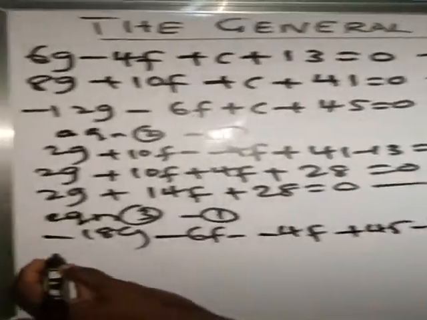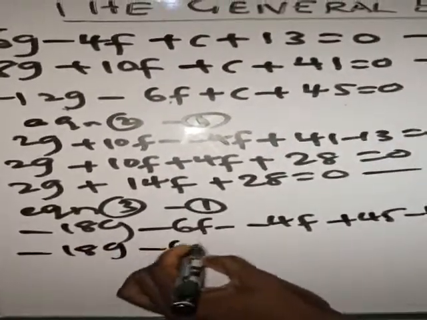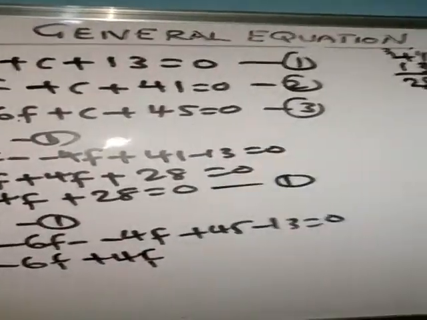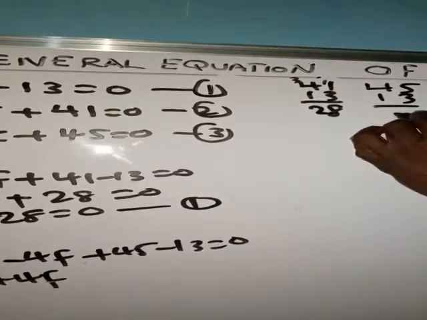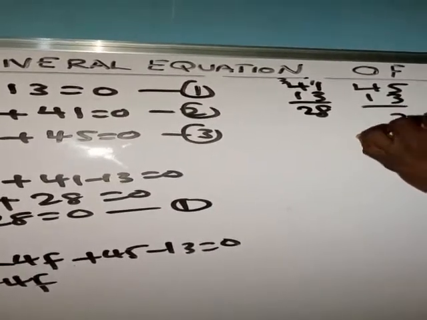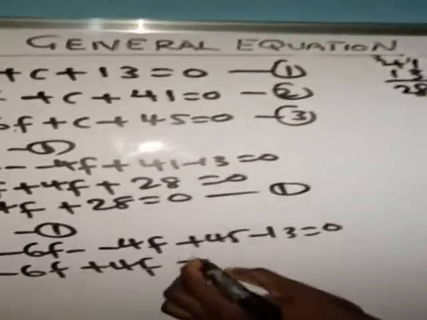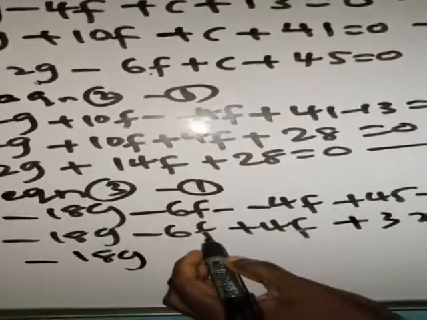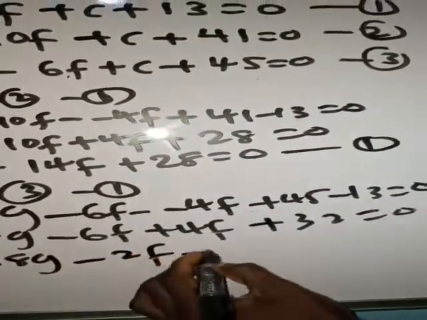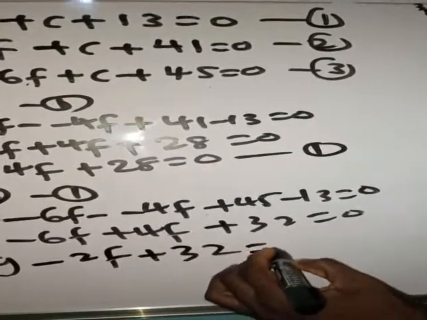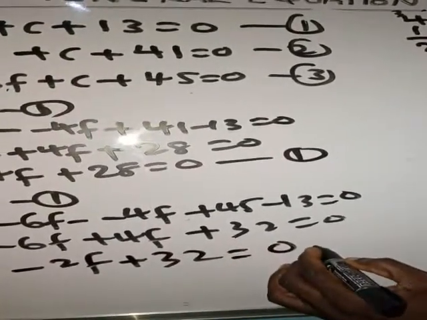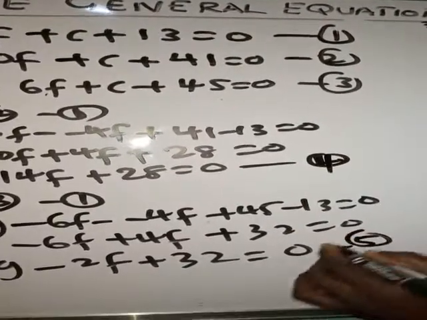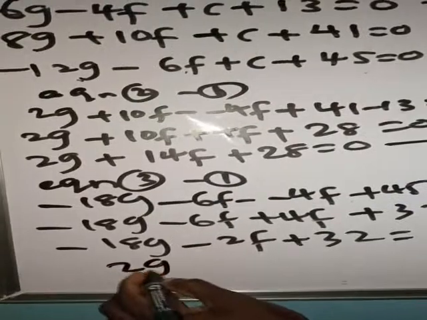So we have minus 18g minus 6f, minus is plus 4f, then 45 minus 13 is 32. So minus 18g minus 2f plus 32 is equal to 0. This is another equation. Now this equation should be equation 4 and this should be equation 5. So I'll be solving equations 4 and 5 simultaneously.